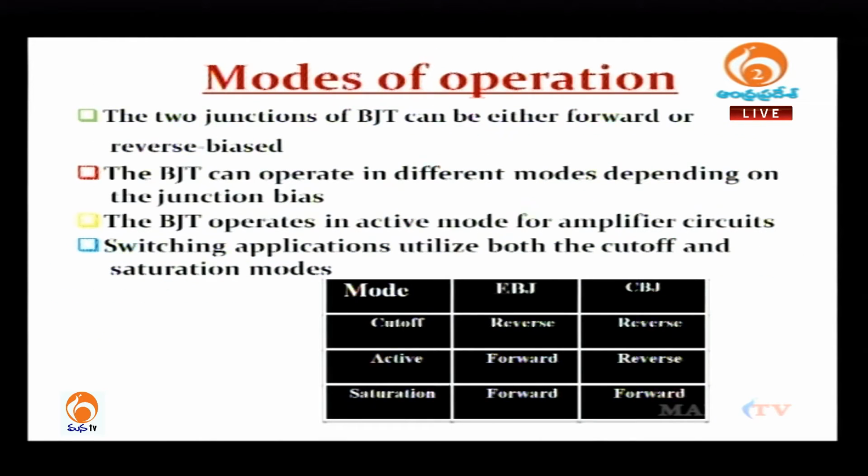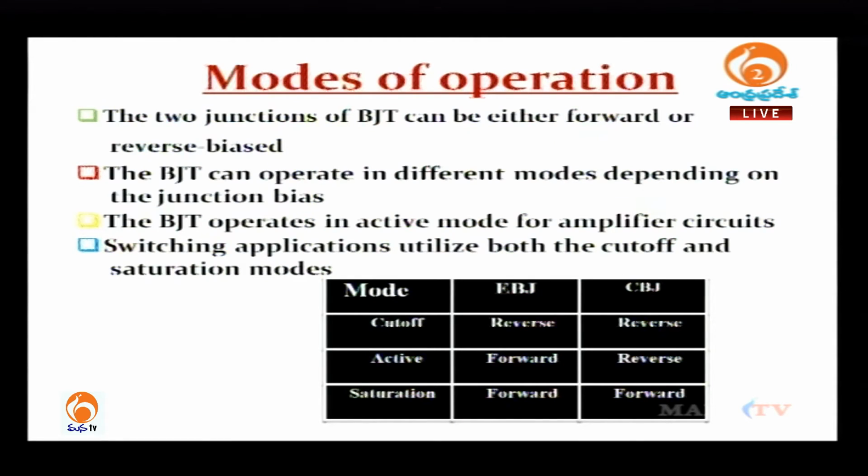Now, let us go to the different modes of operation. The transistors can be operated in different modes depending upon what type of bias we have applied at the junctions. For example, in this table we see that the transistors can be operated in cutoff mode, active mode and saturation mode.